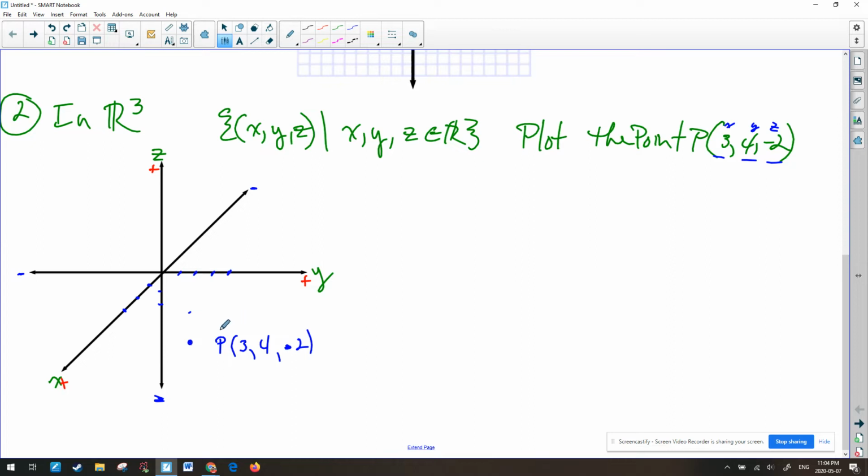If I were to just draw a dot randomly out here, there's an infinite number of different combinations that would end up with the dot in a similar, precarious position. So what we're going to do is add in parallelograms that add depth to this, that will allow us to more readily see that this is in fact at 3, 4, -2.